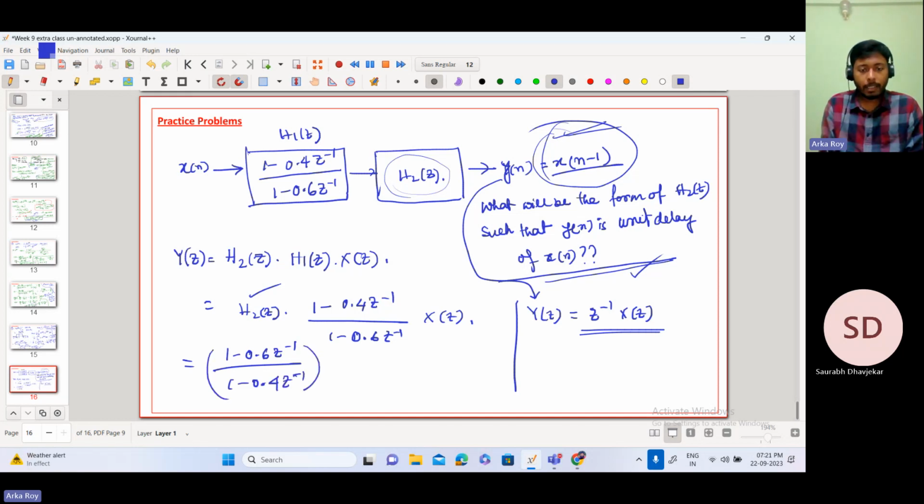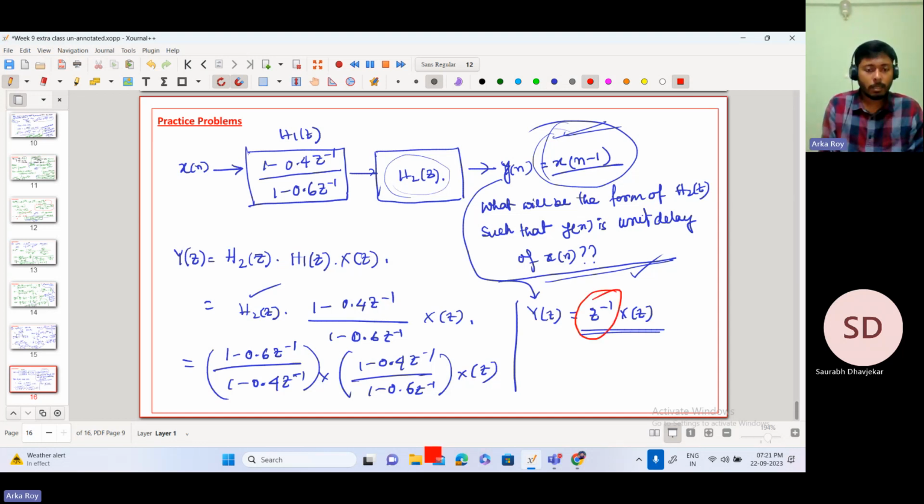So these factors will cancel with each other. I can see these factors are cancelling with each other. And the last thing that we need is the z^-1 term itself, so I will be multiplying a z^-1 over here. So that is what my H2(z) is: H2(z) is basically z^-1 (1 - 0.6 z^-1) divided by (1 - 0.4 z^-1).